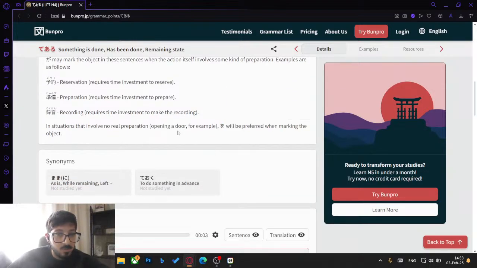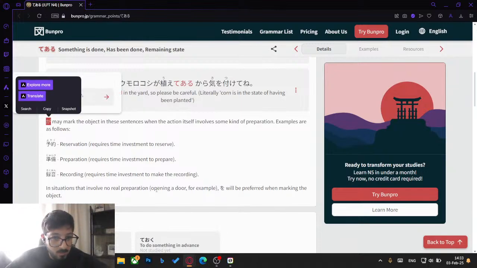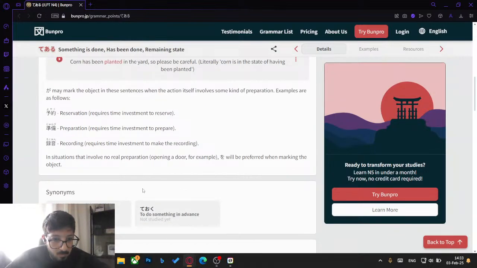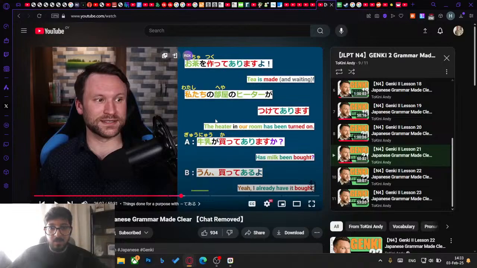So when you do something in preparation for the future, you use ga. But when something involves no preparation and just describes the state of something, in this case ocha o tsukutte arimasu yo, tea is made, just describing the state of the tea, you use o.